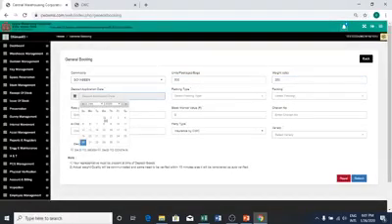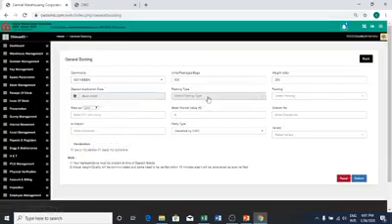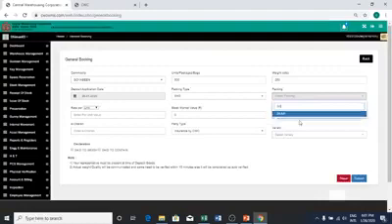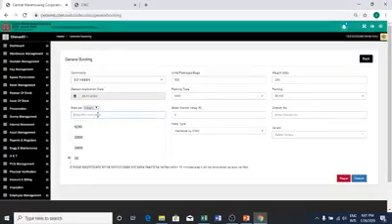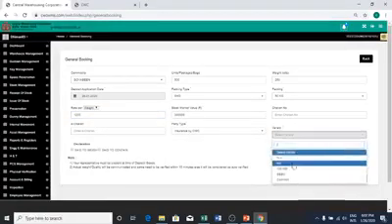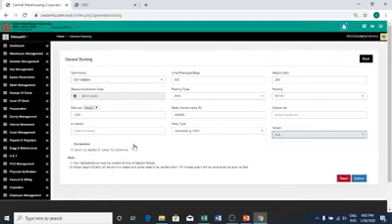The deposit application date is today. Packing type is bag. Packing is 50 kg. Rate per quintal is, let us say, 1200. The variety is, let us say, NA. Party insurance by CWC.